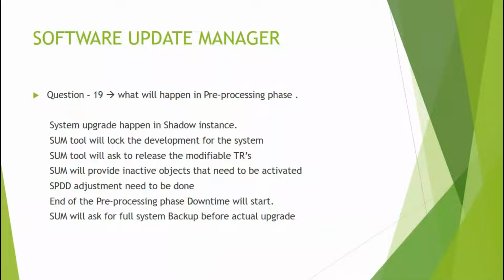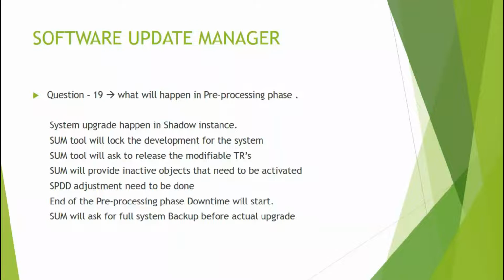And also in this phase the SUM tool will provide a list of modifiable TRs in your system, if you are doing the upgrade for a development system. You can have a number of modifiable TRs, and the SUM tool will show which TRs you have to release.